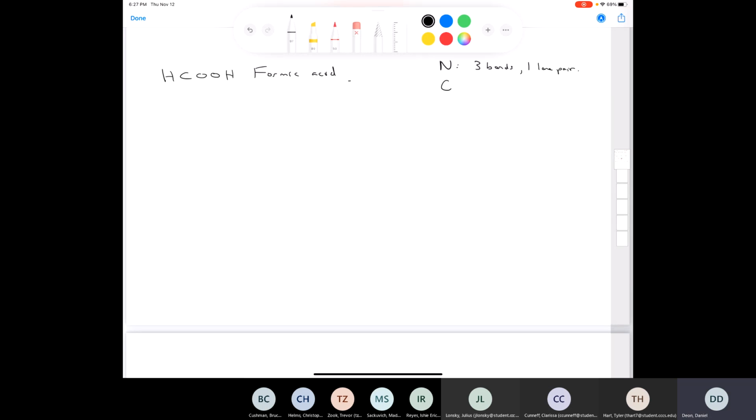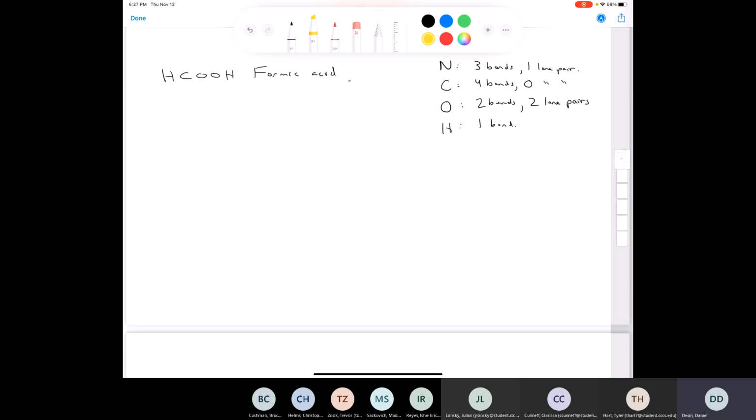Okay? Carbon usually has 4 bonds and 0 lone pairs. And oxygen usually has 2 bonds and 2 lone pairs. Okay? And hydrogen only ever forms 1 bond and nothing else.